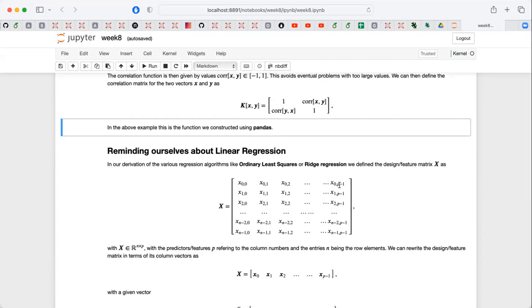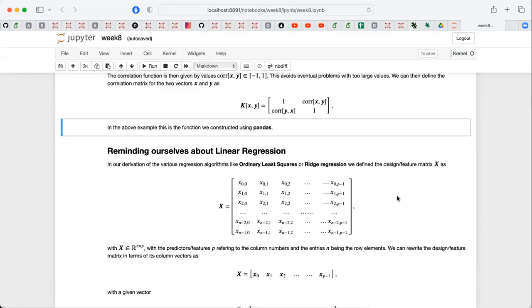Every column vector here represents a specific feature. Just be careful when you set up the covariance matrix, because many people tend to invert it, in the sense that you have features along the rows, and the number of samples, in this case n, given by the columns.